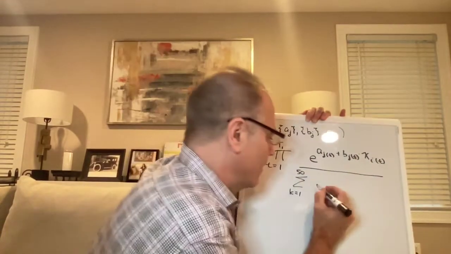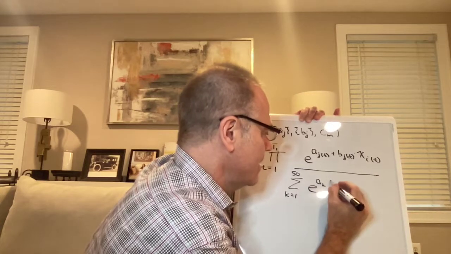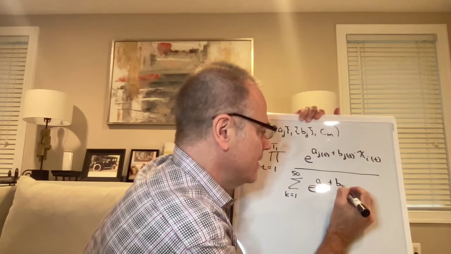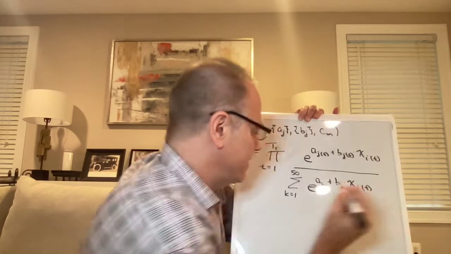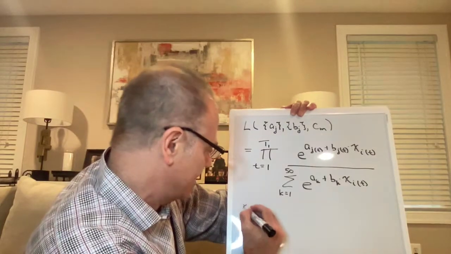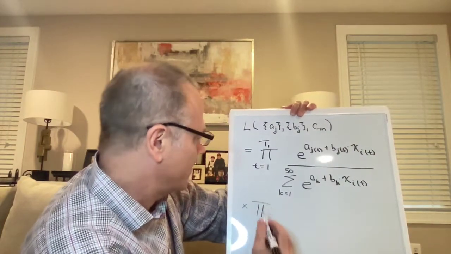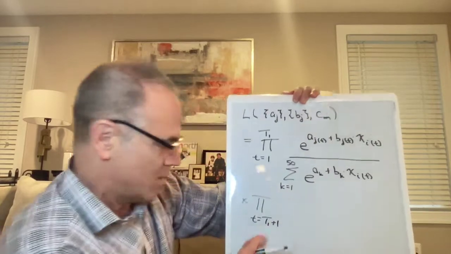Okay, of e to the A sub K plus B sub K times X_i of T, times big pi, T equals T1 plus 1.